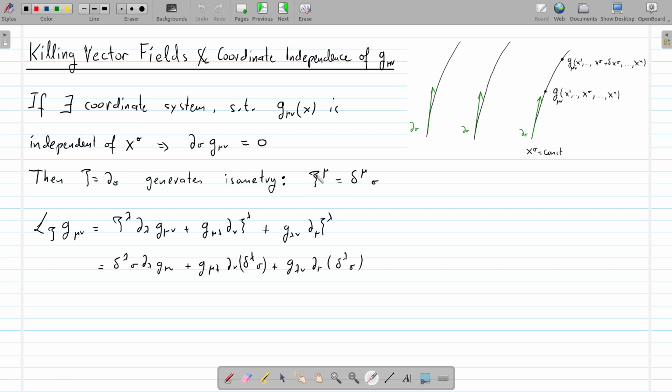But now, if we substitute the values of the components, we see that the first term has a Kronecker delta that will make this index to be sigma, and the other two terms vanish because the components remain constant. So you see that the Lie derivative is just the partial derivative of g mu nu with respect to x sigma, and we have assumed that this is equal to 0. Therefore, d sigma generates an isometry.